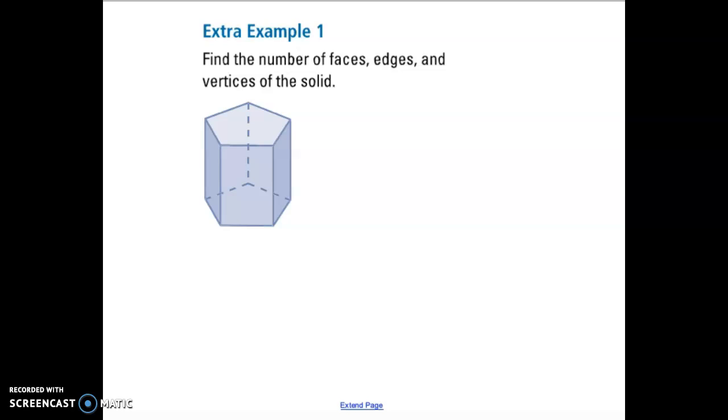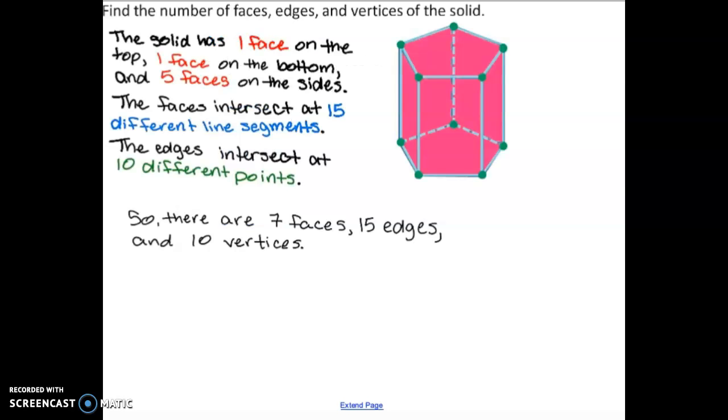All right. So find the number of faces, edges, and vertices of the solid. Go ahead and pause the video and do that work. If we take a look at this solid now with a little different coloring, the solid has one face top and bottom, and then 5 faces on the sides because it's a pentagon.